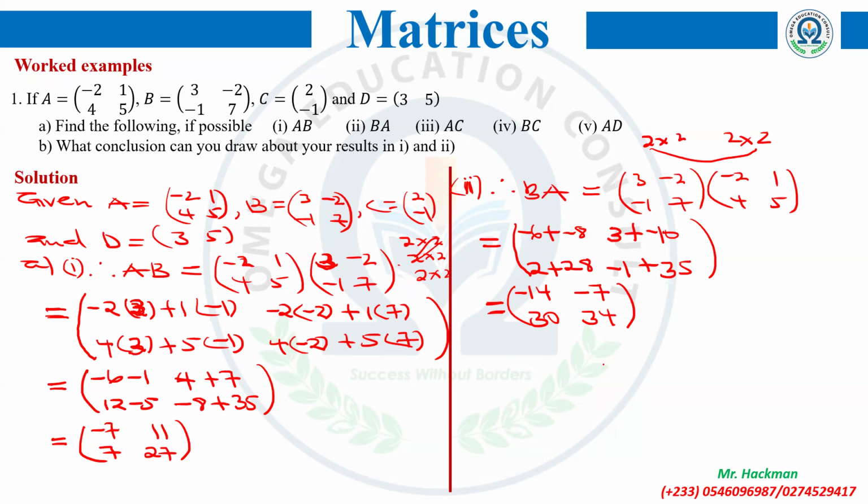So let me answer the B here. Therefore, I'm drawing my conclusion. So therefore, multiplication of matrices is not commutative.